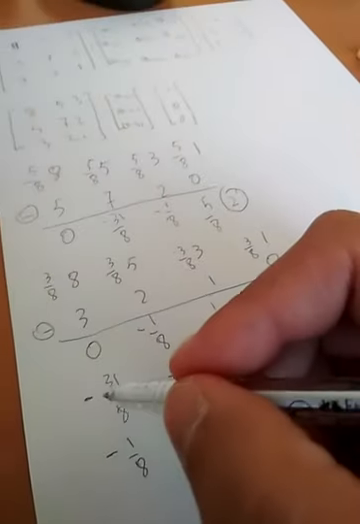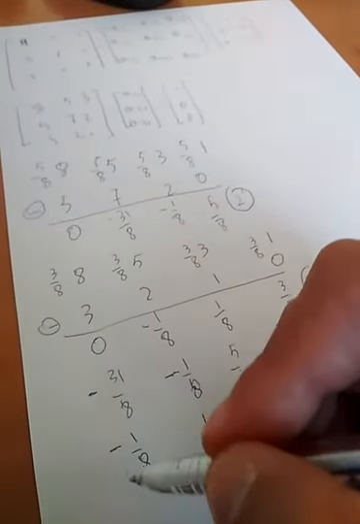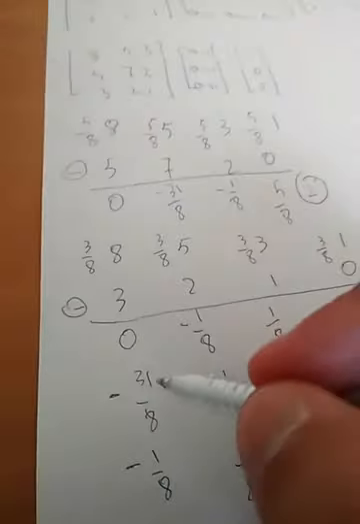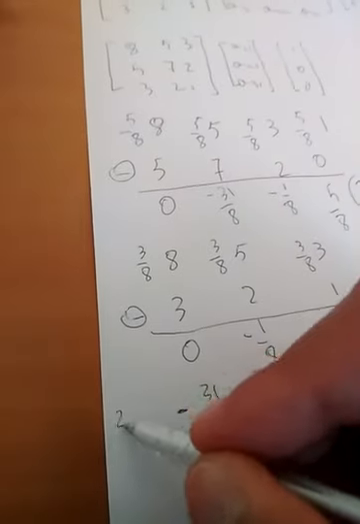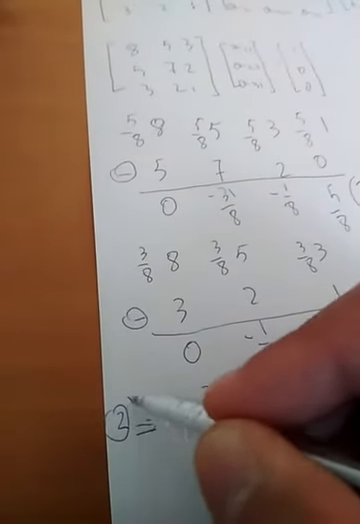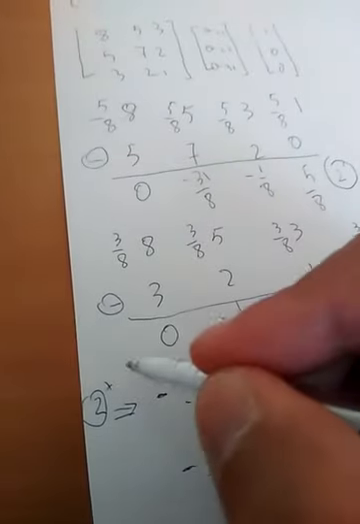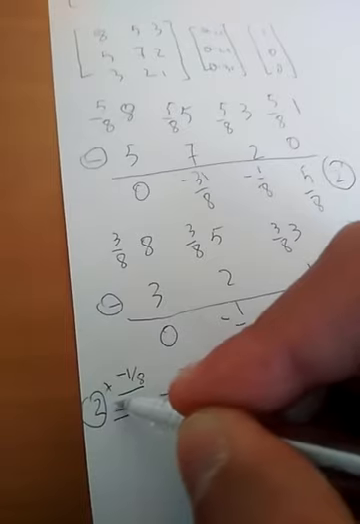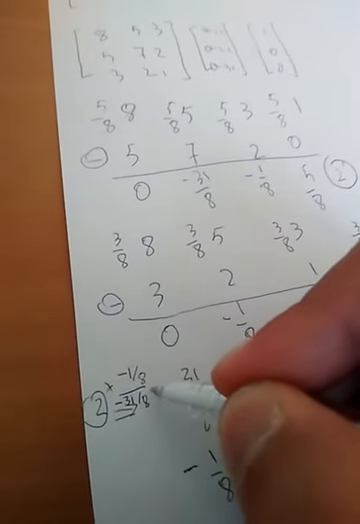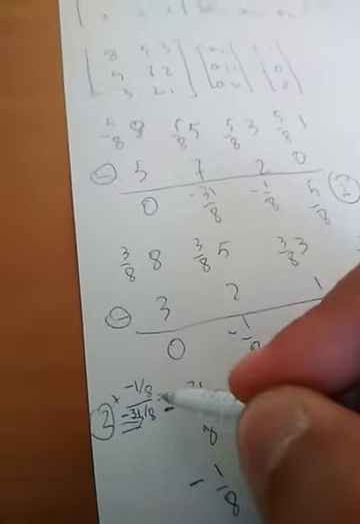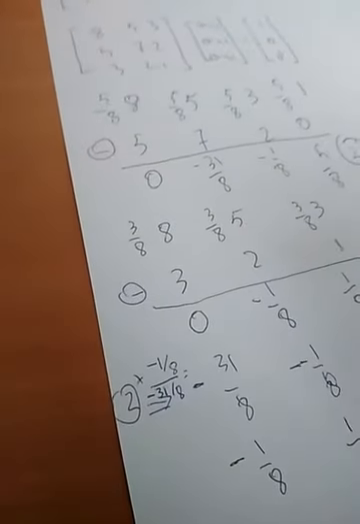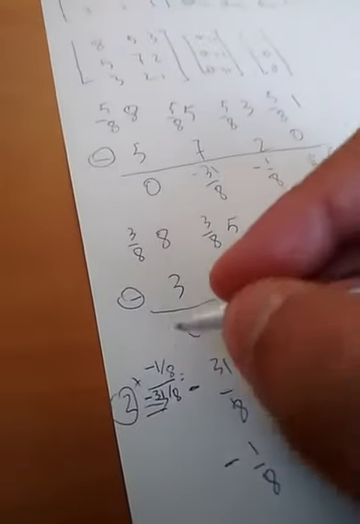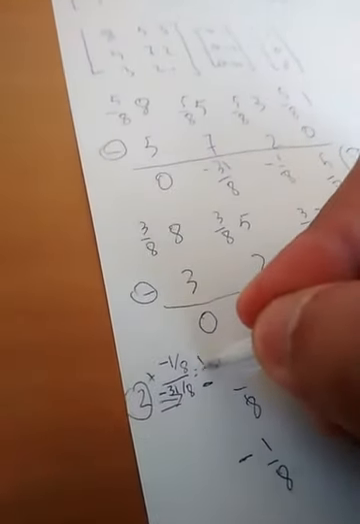So remember, we have to multiply the top one by the coefficient of the second one divided by the coefficient of the first one. So 2 prime, we multiply it by minus 1 over 8 divided by minus 31 over 8, which equals 1 over 31.